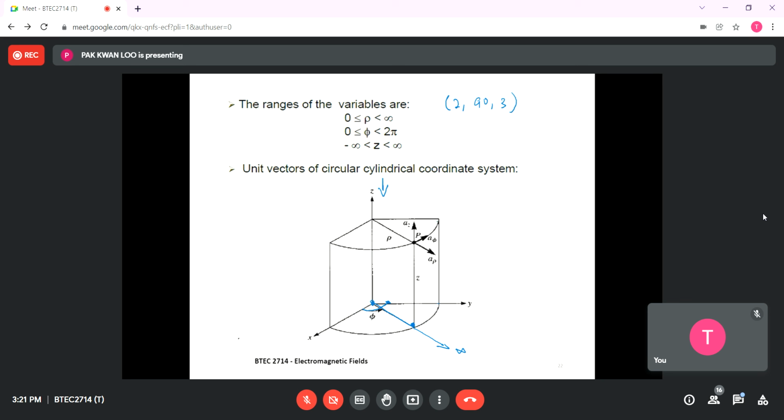And then 3. So this is the point: 2 unit radius, 90 degrees, referring to the constant plane of phi at 90 degrees, and then 3 is the unit for the z-axis. So this is the point.